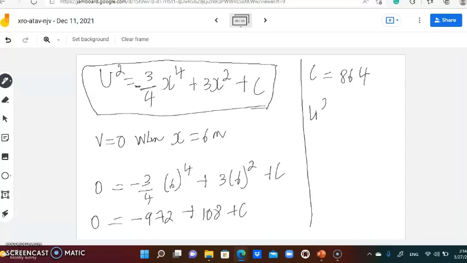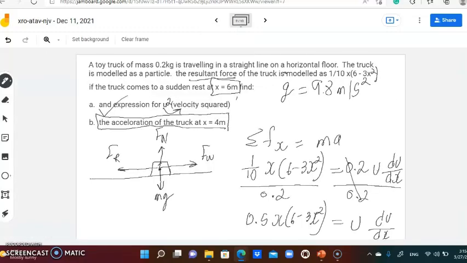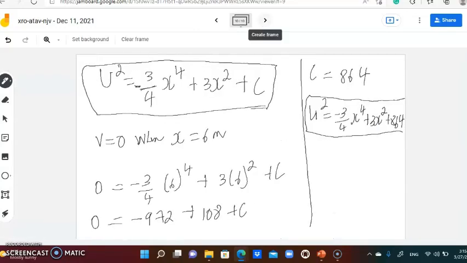So u squared is actually equal to negative 3/4 x to the 4 plus 3x squared plus 864. Now that we have this, we can move into the next question to find the acceleration of the chuck at x equals 4 meters.